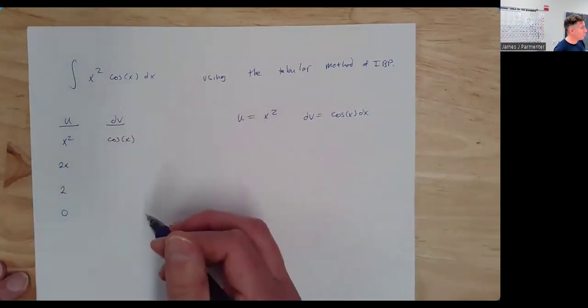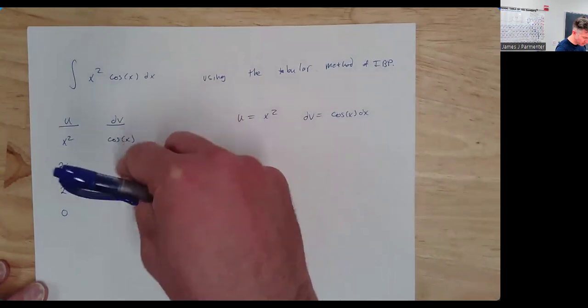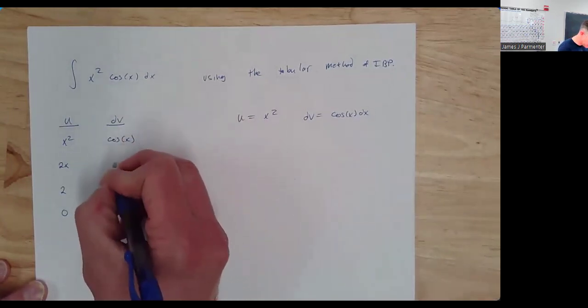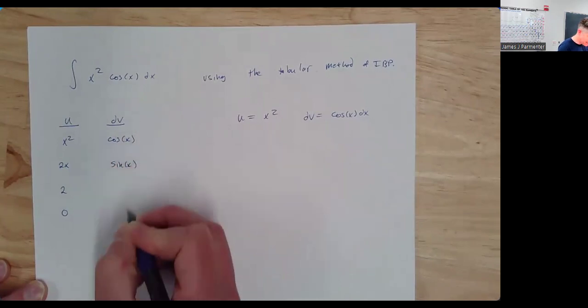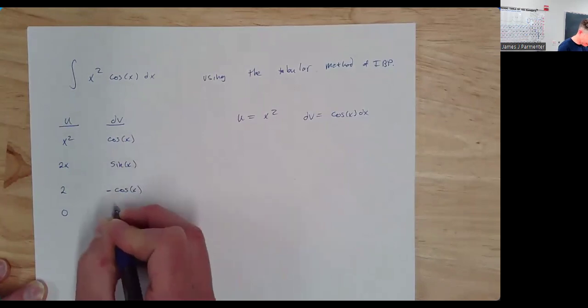In the dv column, we're going to find the antiderivatives, and we're going to go the same number of rows or entries. So the antiderivative of cosine of x is sine of x. The antiderivative of sine of x is negative cosine of x. The antiderivative of negative cosine of x is negative sine of x.